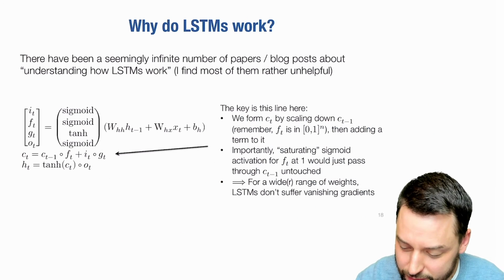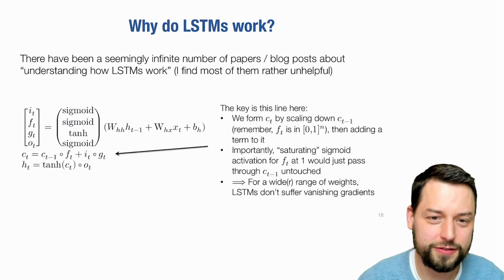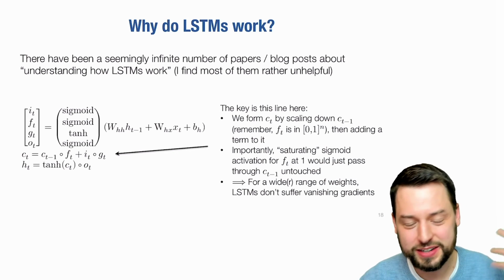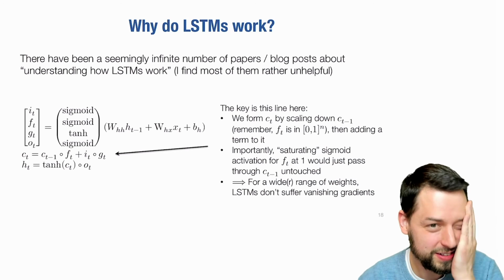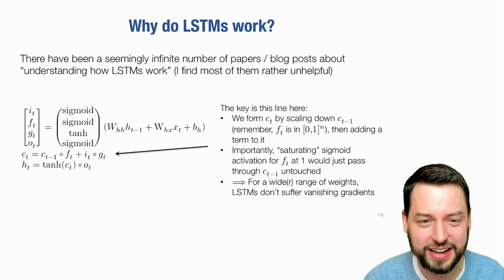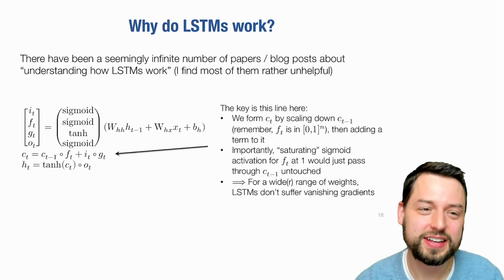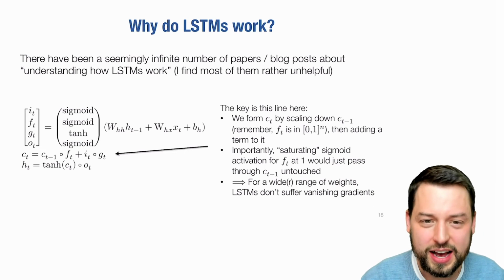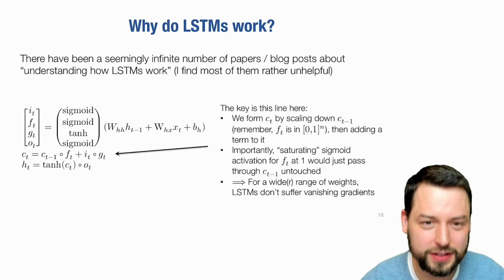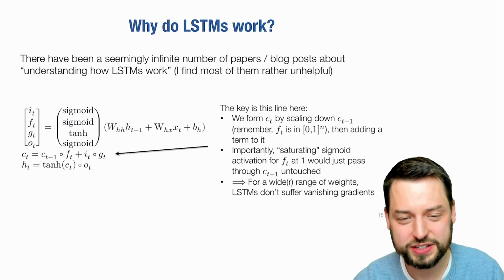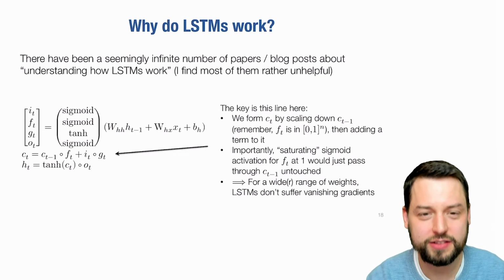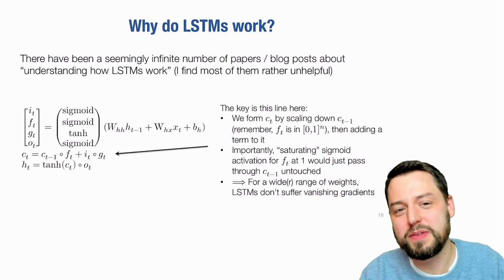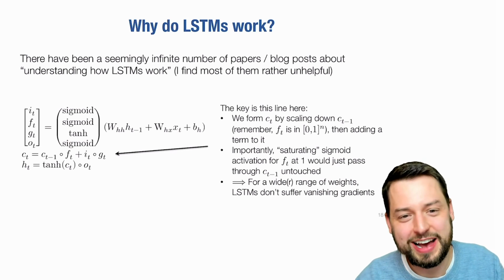Now, there are a number of papers and blog posts and descriptions on understanding these updates and sometimes how LSTMs work, and I find most of them rather unhelpful. I don't find much intuition, if I'm completely honest, in the names of these things: input gates and forget gates and output gates.